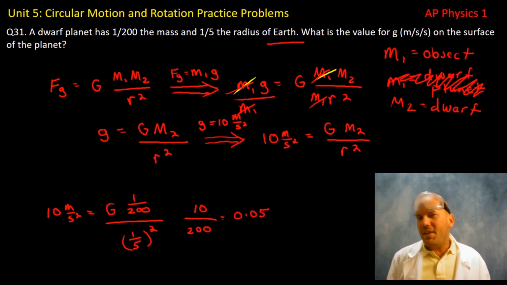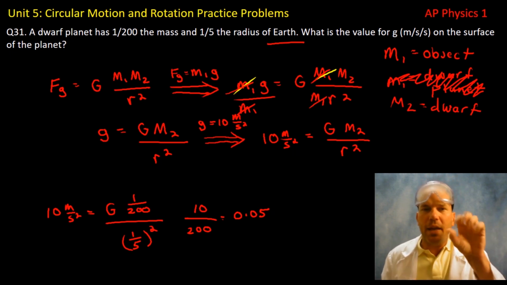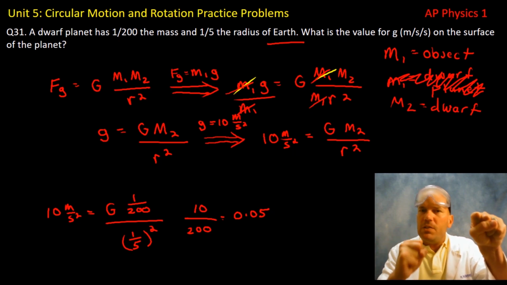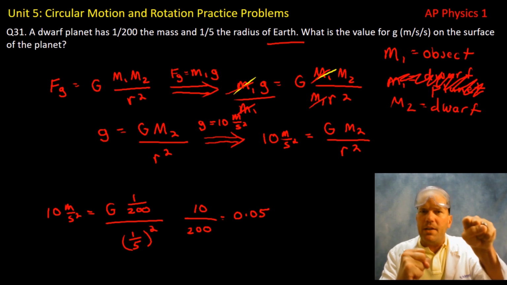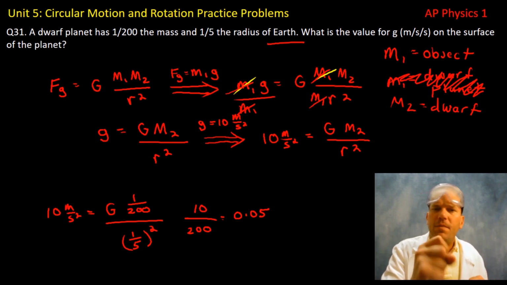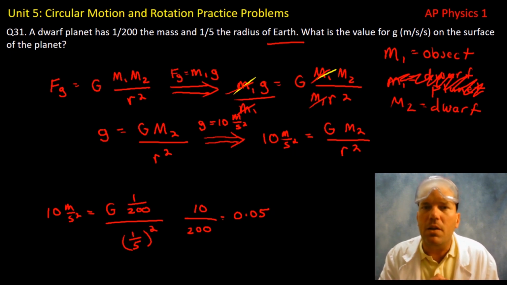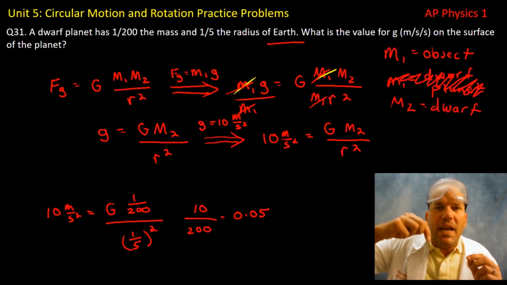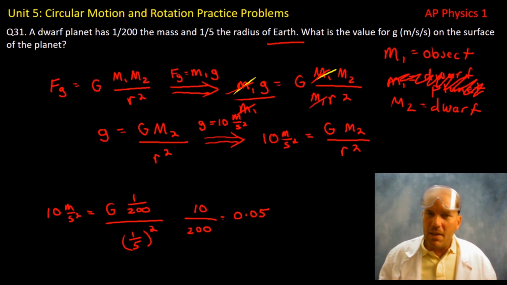What do we know about radius? We know that it is in the denominator and it is squared. We know that little g is inversely proportional to the radius, and the square of the radius, in fact. And so if this is 1/5 the radius, it's much, much smaller. Well, as radius goes down, little g value goes up. In fact, even more so because it is squared.